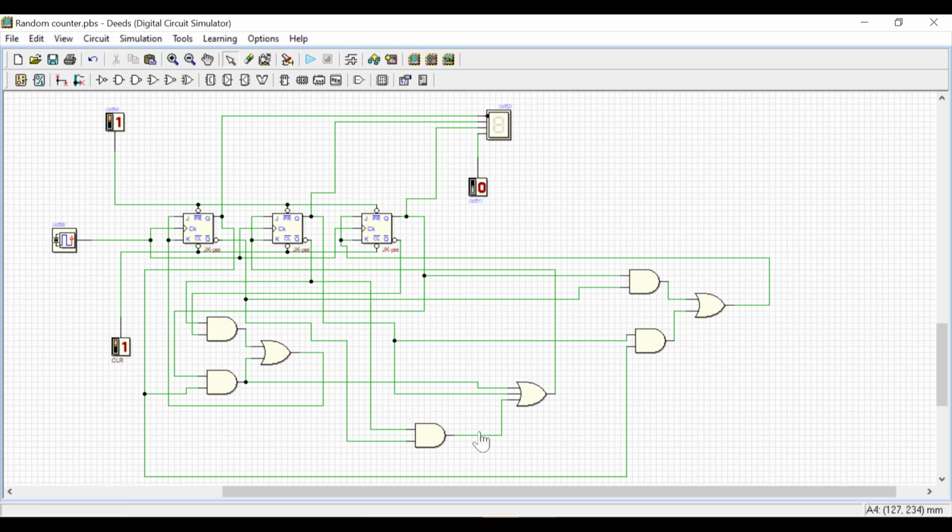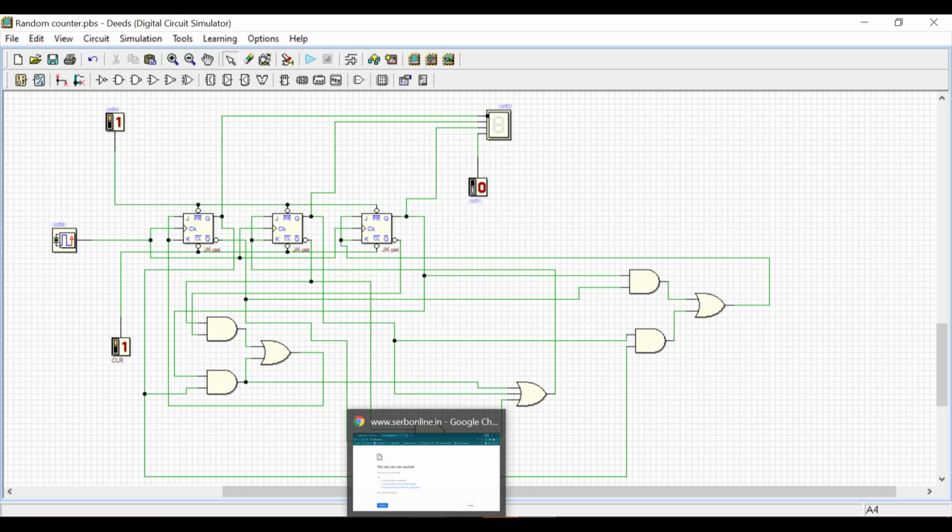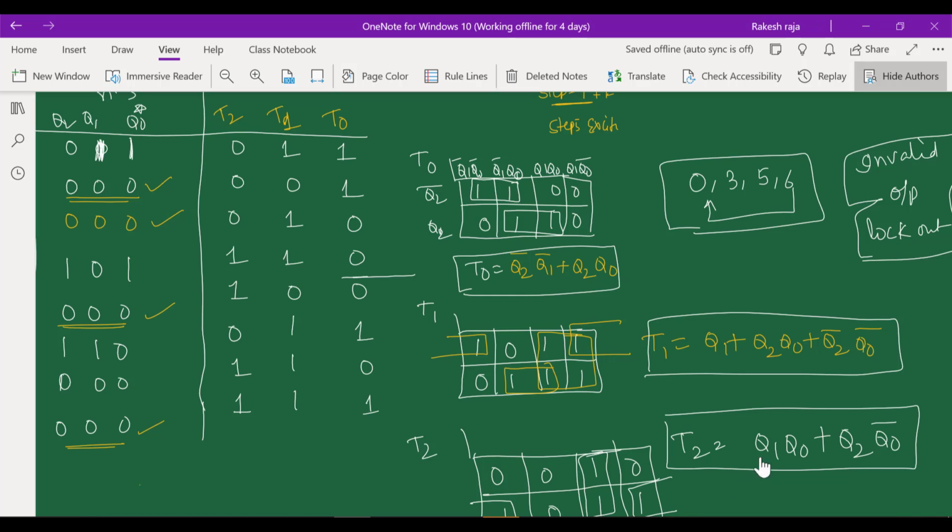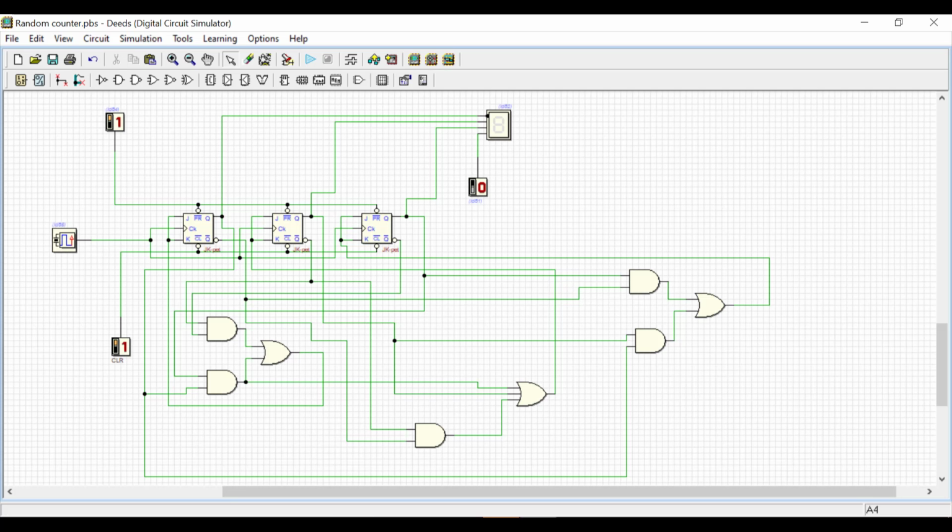And similarly, if you look at the second output T1, it requires a 3-input OR gate, with Q1 plus 2 AND gates. I consider the output from this AND gate, this is one AND gate, this is another AND gate, and the third one I have taken directly. So total 3 inputs, and this output I have connected as an input to the second T flip-flop.